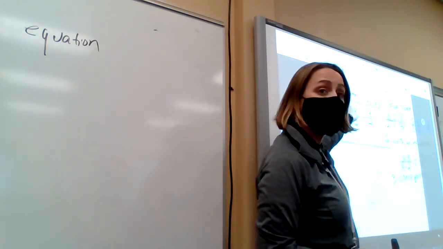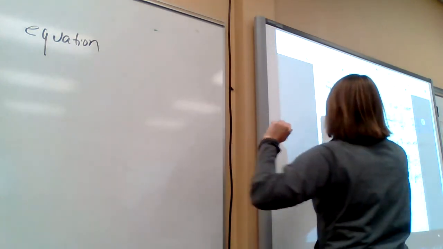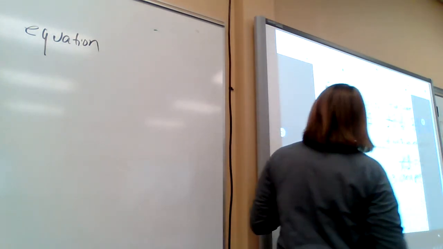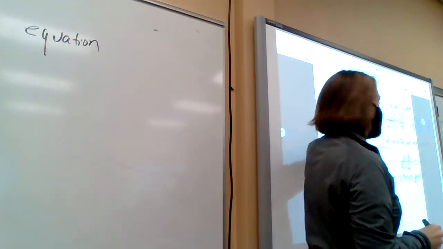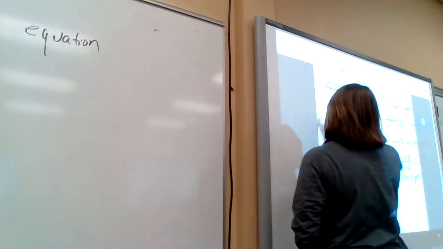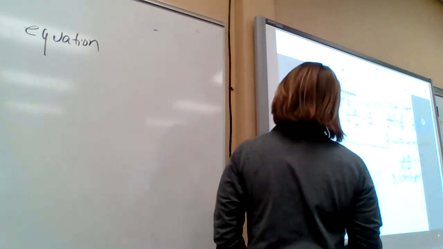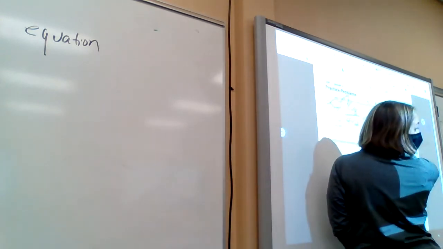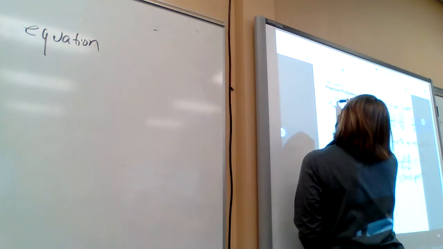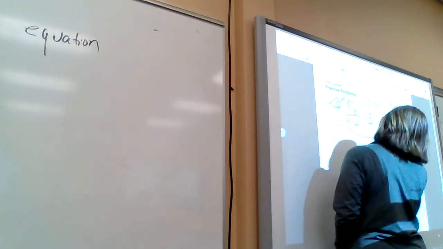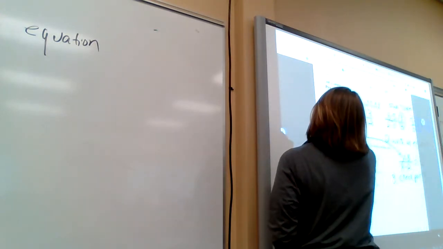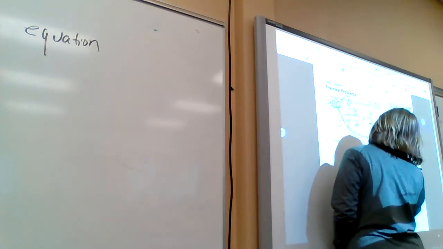So is this on the line? Yep. Here's the point. Here's our equation. So the y goes over here to the y, and the x goes over here to the x.